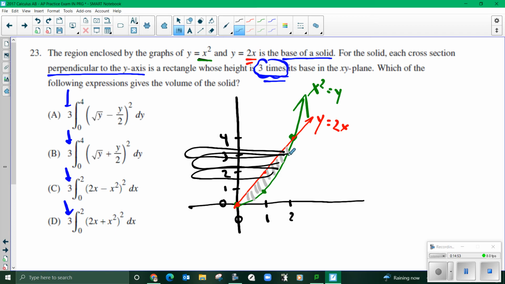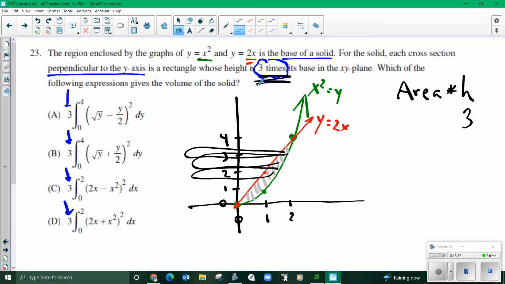So whenever I do that, I'm going to have to use an integral, and I always square my integral. Okay, this is a volume. So we take the area of my shape and multiply it times the height. Area times height will give me volume. My height is 3. The area is going to be the integration of these shapes.